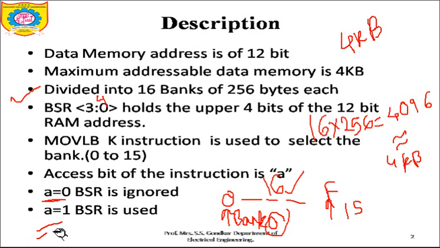Whereas if the bit is equal to 1, it means we have to use BSR, that is the bank select register. The access bank is just a virtual or imaginary bank which we have. So when bit A is equal to 0, BSR is ignored and we utilize the access bank, whereas if bit A is equal to 1, we use the bank select register.